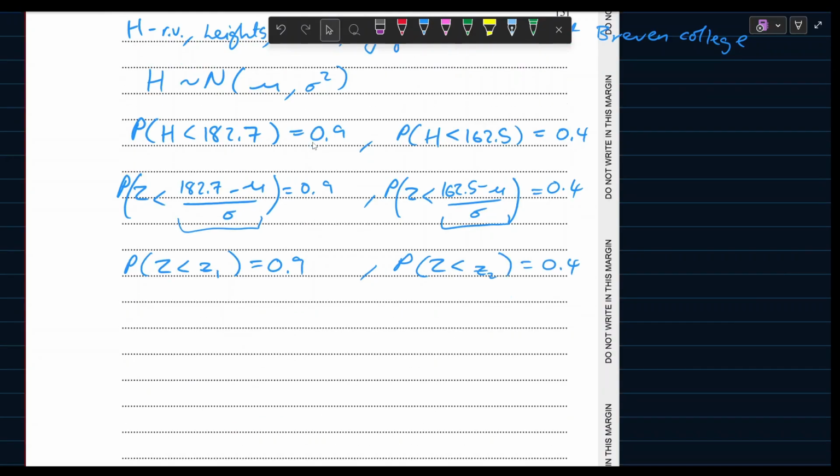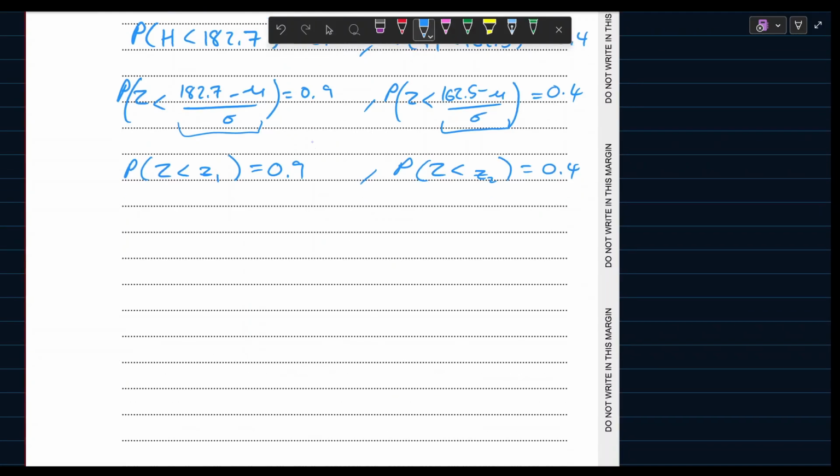Now let's draw a bell curve for our problem. So here, this would be 0. By saying the area to the left of z1 is 0.9, that must mean that z1 is to the far right. It would be z1 and the area to the left of it is 0.9. Okay?